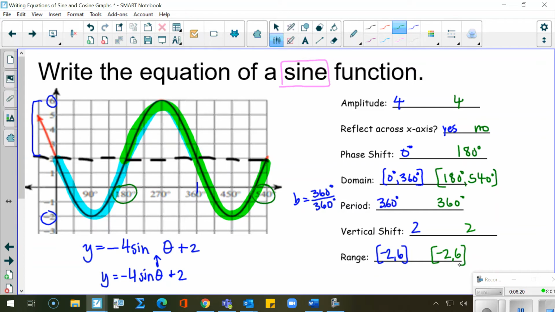This equation would then be y equals positive 4 sine. B value is still 1. Theta minus the phase shift. And a plus 2. So the differences will be with the phase shift and whether or not it's reflected.